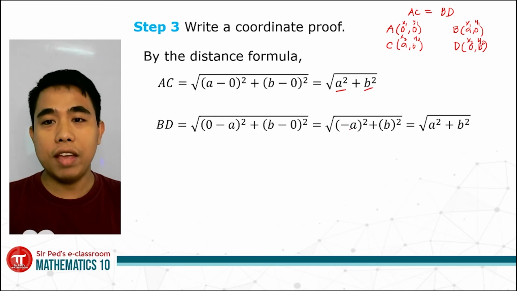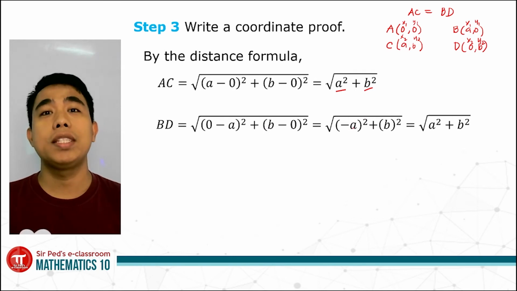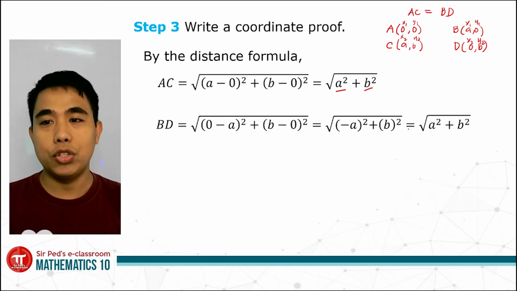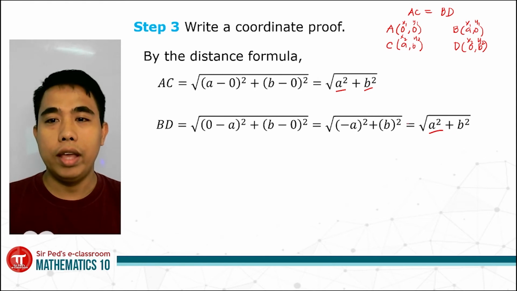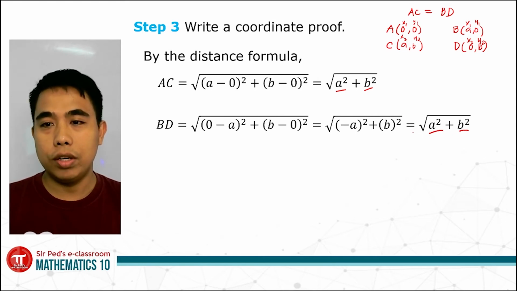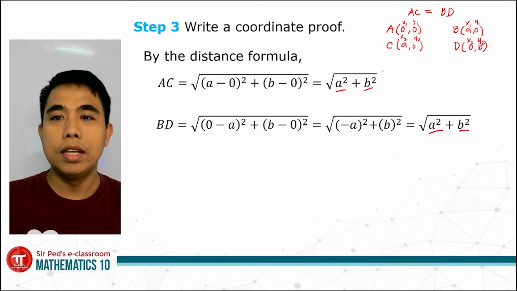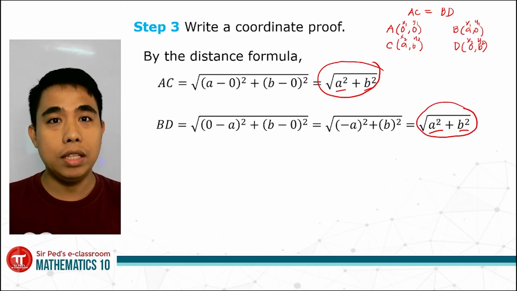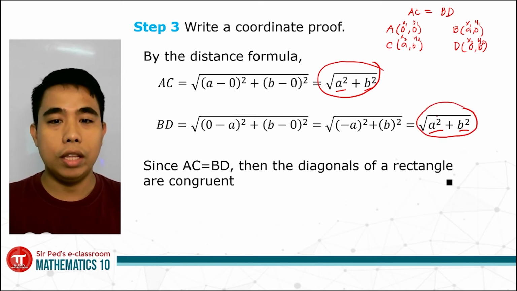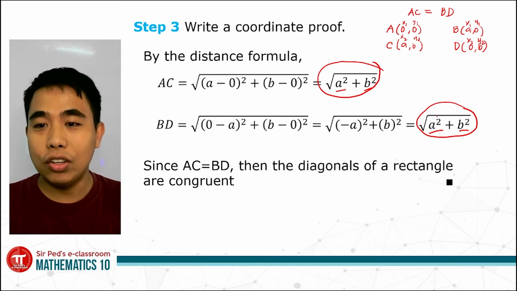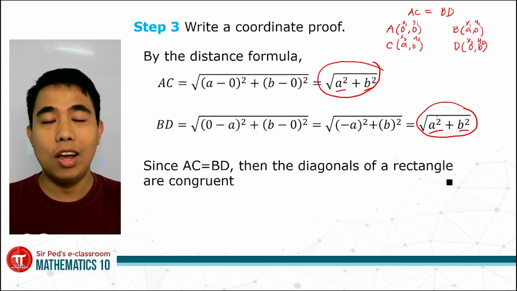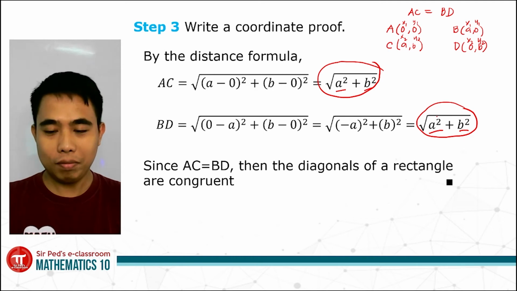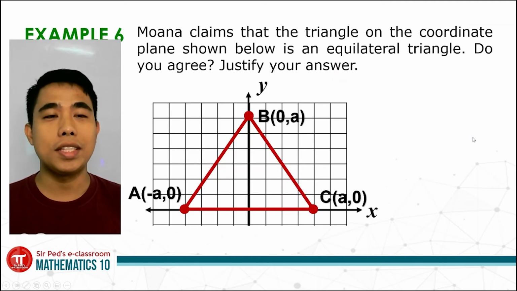Now, negative a, the quantity squared, is the same as negative a times negative a. So we have a squared. And then b squared, so we have b squared. That is equal to the square root of a squared plus b squared. Since we have already shown that AC is equal to BD, then we can conclude that the diagonals of a rectangle are congruent. So let's now proceed to example number 6.